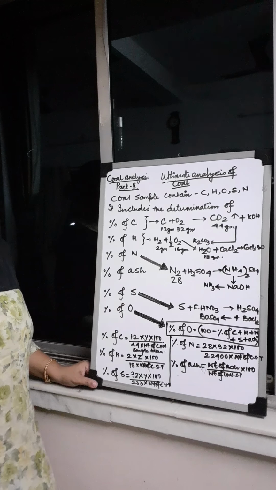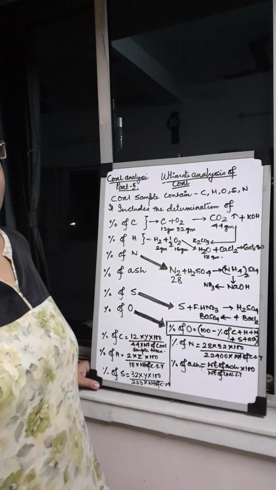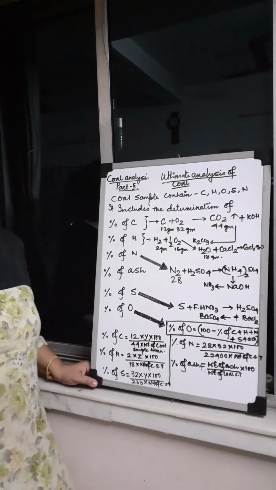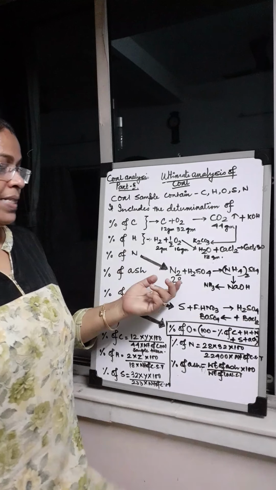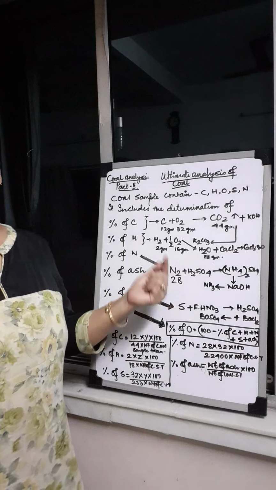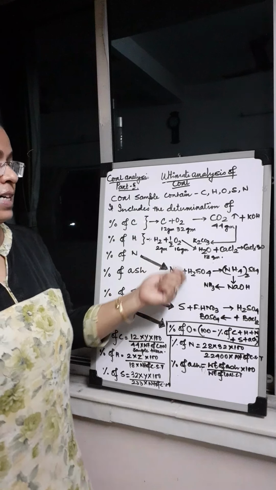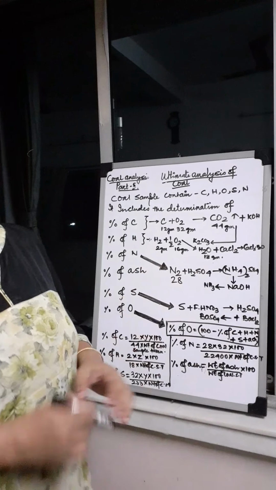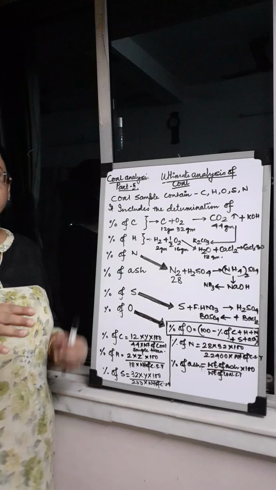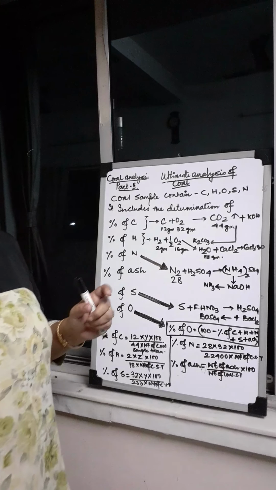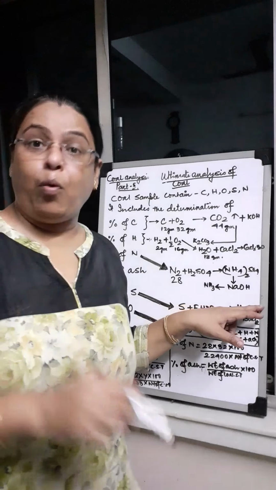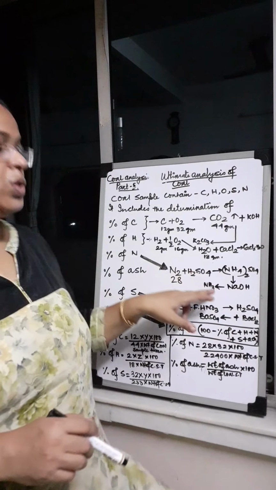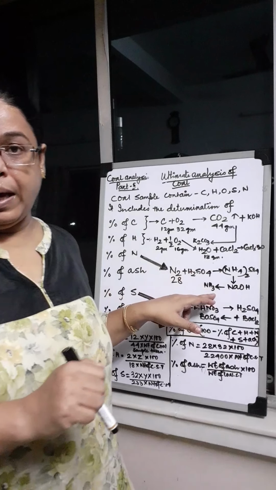After that we have to find the percentage of nitrogen. The estimation of nitrogen is done by Kjeldahl's method, in which the coal sample is treated with sulfuric acid. Then it is converted into ammonium sulfate. After that, it is distilled in the presence of sodium hydroxide, and at that time it evolves ammonia. That means nitrogen is totally converted into ammonia.